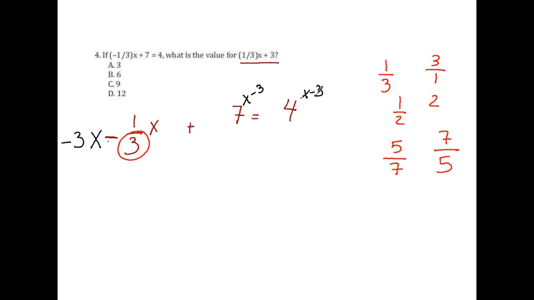Okay, so the negative 3 will take care of that negative third. So you'll have x plus 7 times negative 3 is negative 21 equals 4 times negative 3 is negative 12.